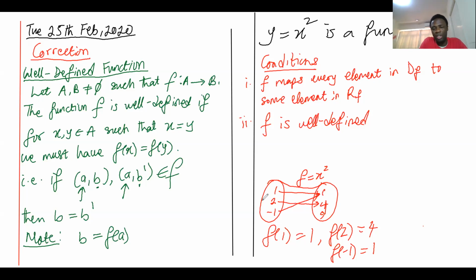So if I pick any two and those two are discovered to be the same, and they give different images, then those images are not different. Okay, so that is the definition of well-defined. And you can see that this meets up with that. So this is definitely a function. Okay, this is definitely a function.